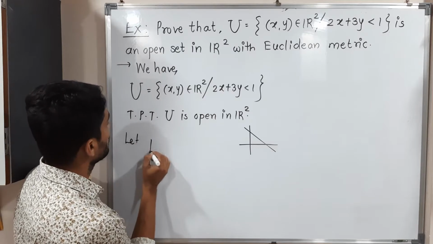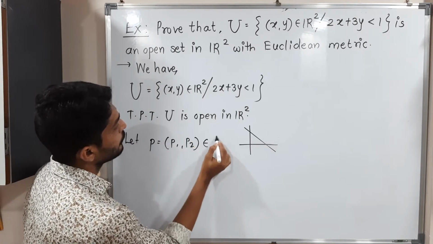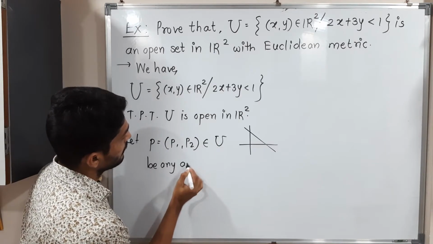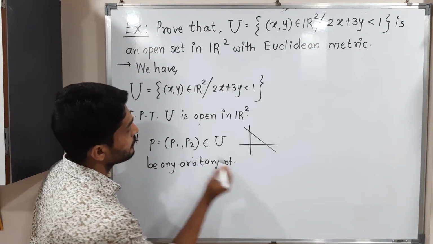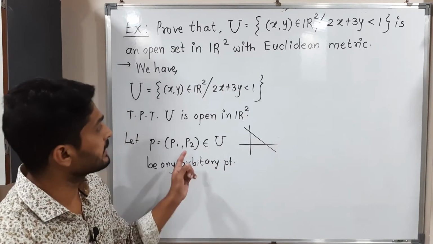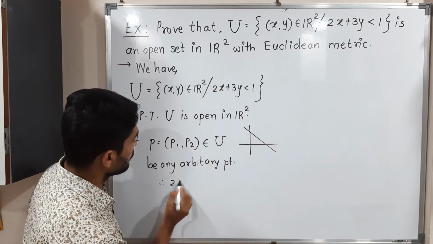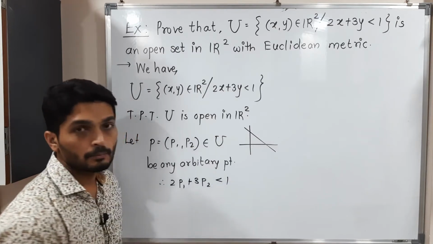Let P equal to (p1, p2) belongs to U be any arbitrary point. Okay, this is an arbitrary point. So this is a point in U, so obviously it will satisfy the condition. So therefore 2p1 plus 3p2 is less than 1.